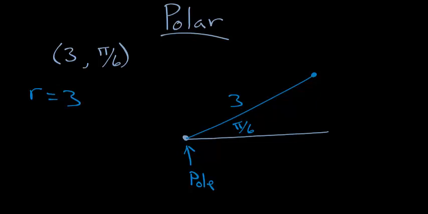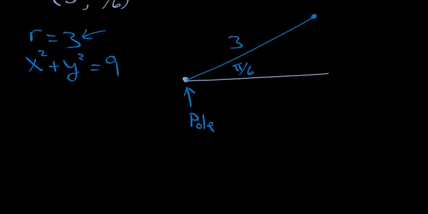Now, we might have rectangular coordinates indicating a circle of radius 3, or we could have a polar equation indicating a circle of radius 3. And you can see that the polar looks a lot simpler than the rectangular, because the rectangular coordinates are based on rectangles, right? And we're dealing with circles here. So, intuitively it makes more sense to deal with something that's kind of circular.